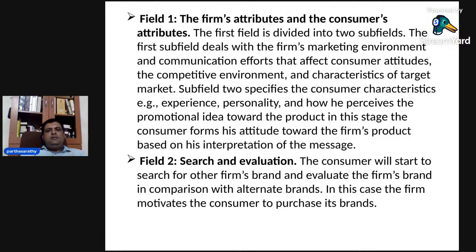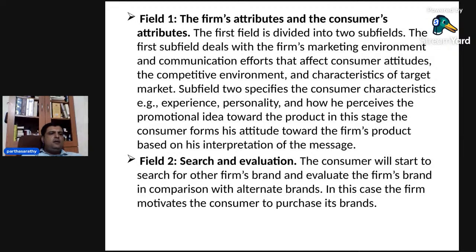Subfield 2 specifies the consumer characteristics, for example, experience, personality, and how he perceives the promotional idea towards the product, in the stage where the consumer forms his or her attitude. So the customer shapes his attitude by one, experience, and second, his personality and how he perceives the promotional idea.